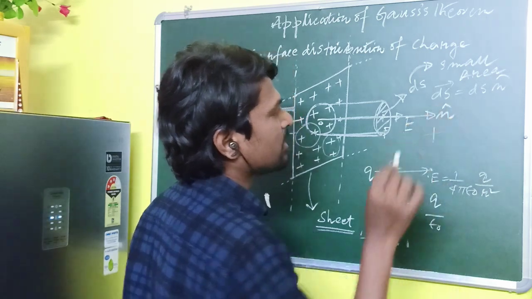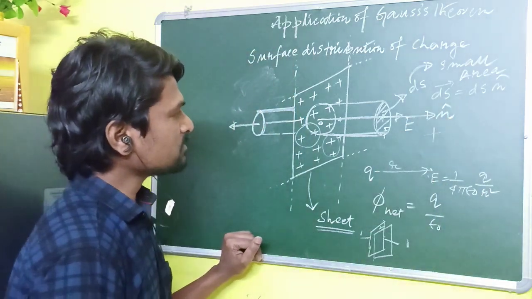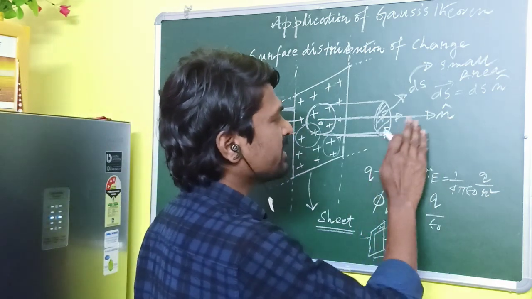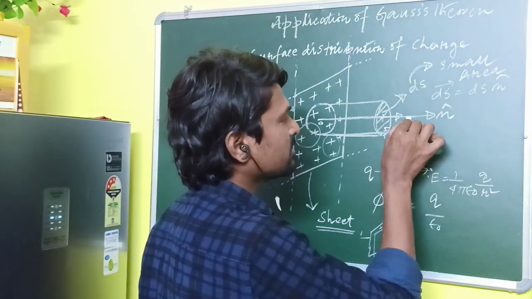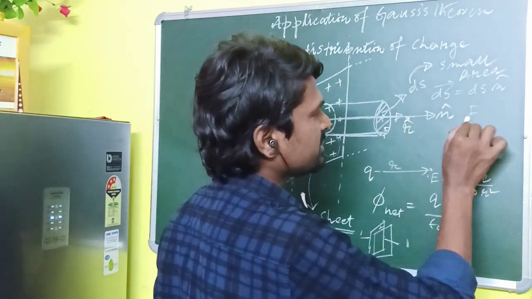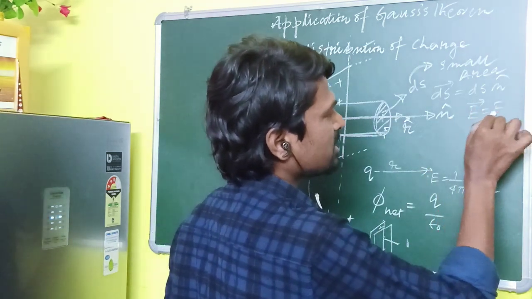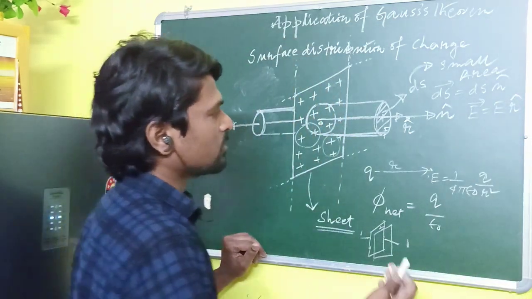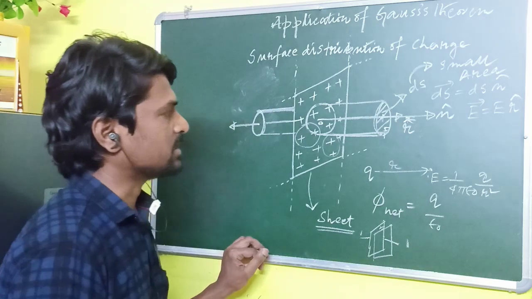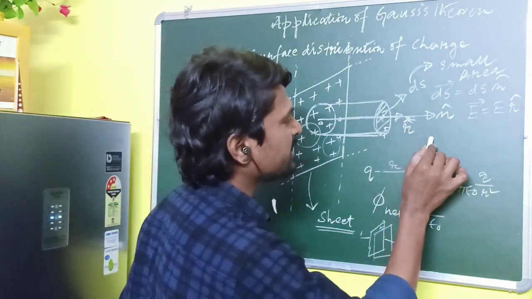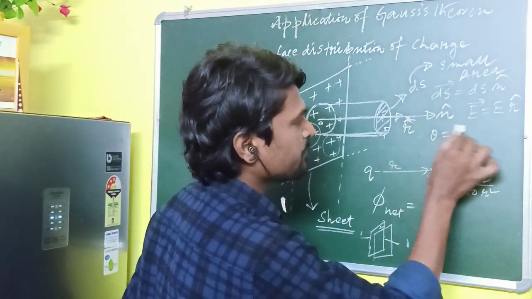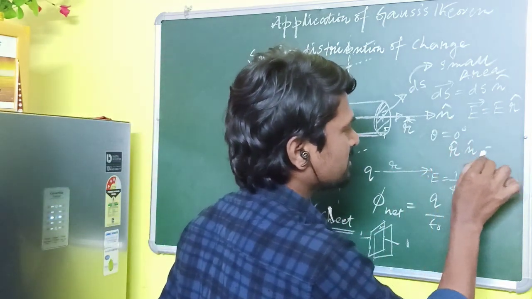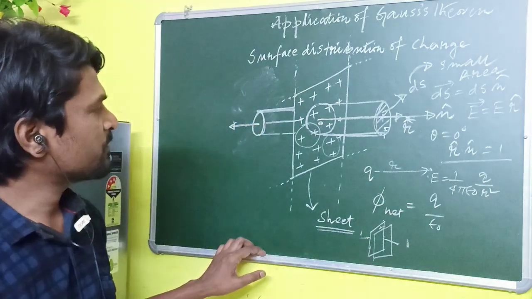Since the electric field is also a vector quantity, if we take r cap as the outward normal, then r cap dot n cap makes an angle of 0 degrees, and this is equal to 1 here.